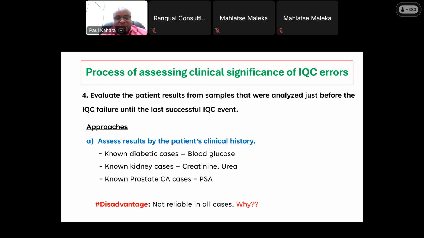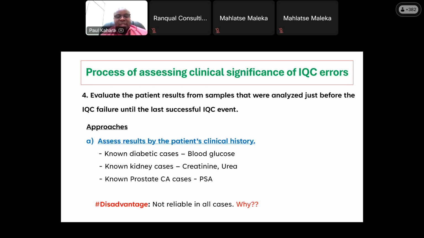And these are now the approaches that laboratories are using. Some of these approaches we have used in our journey of helping organizations in the accreditation process. Some of them we have also learned from our colleagues in different organizations in different countries. You may agree with some of them, you may not agree with some of them. Now, the first one is assessing results by the patient's clinical history.